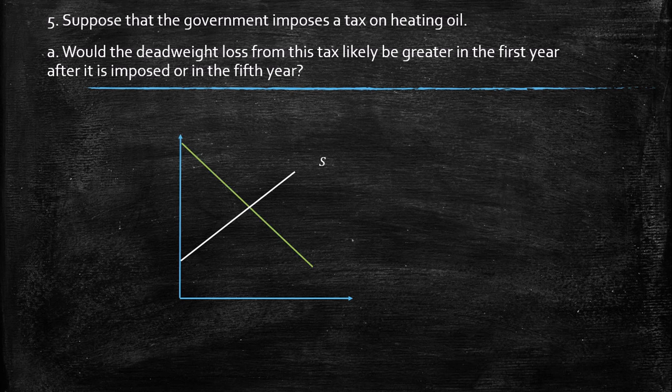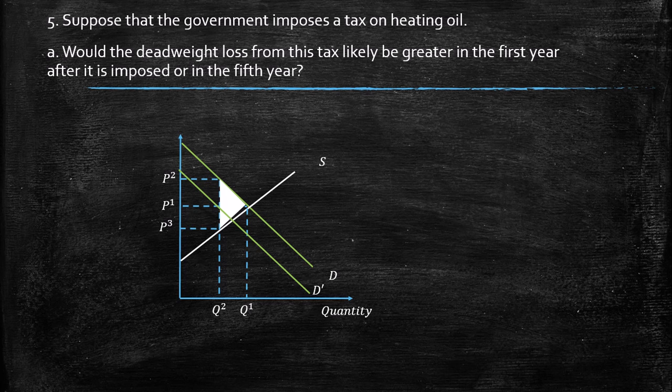Here we have the normal market, with P1 and Q1 for equilibrium, and now there is a tax. Now the consumers have to pay P2, and the producers will receive P3. So this is the deadweight loss, the white part.